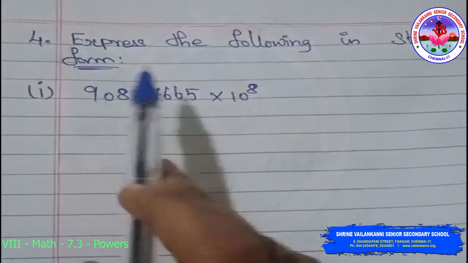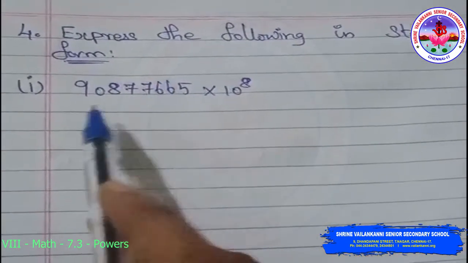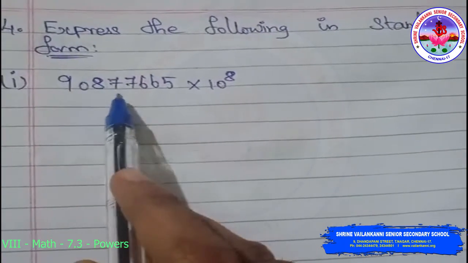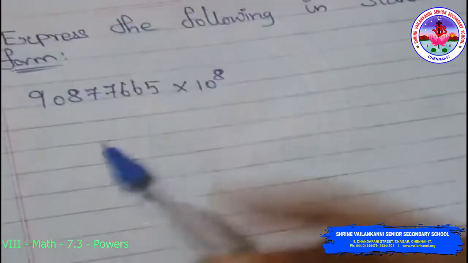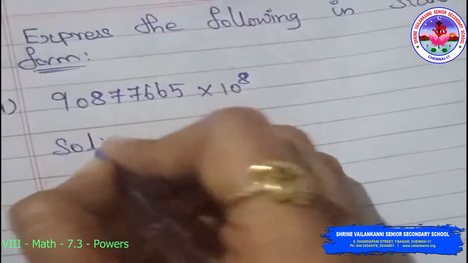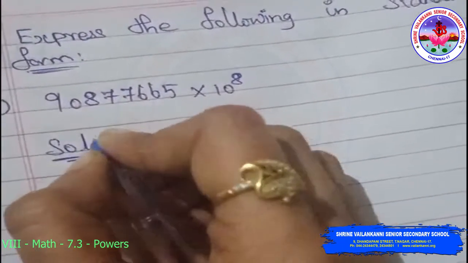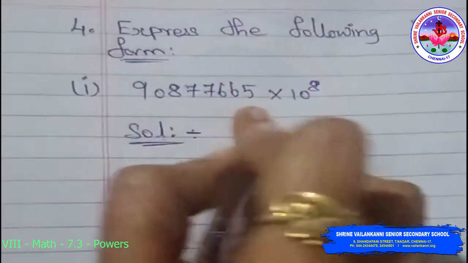Fourth question: express the following in standard form. The question is 90877665 times 10 to the power of 8. Solution. First, convert the value to scientific notation.